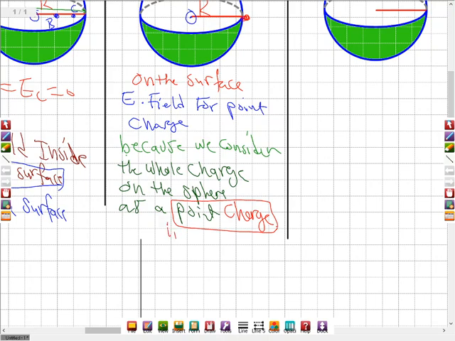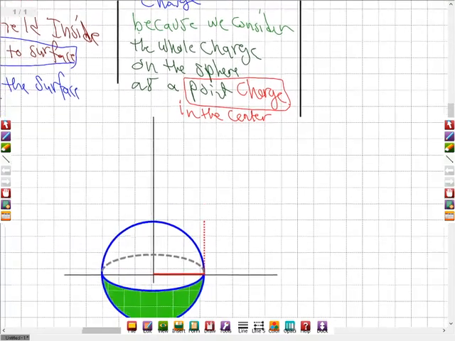That makes things easy and makes our calculation easy. Then we consider it like this.